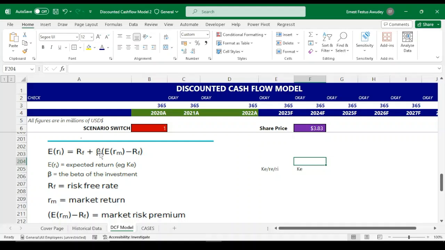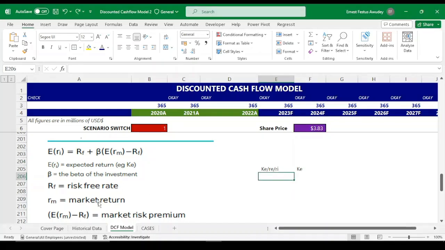Now the beta tells us the volatility of a particular investment instrument on the market. That is what the volatility is talking about. So it's talking about the volatility of the stock market or the capital market as a whole.